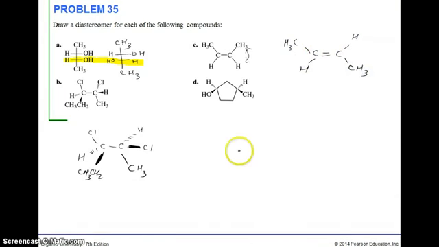And for D, I'm going to flip, have OH coming out here, and I'm going to have CH3 going behind.